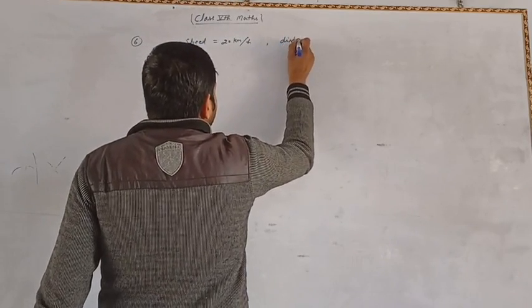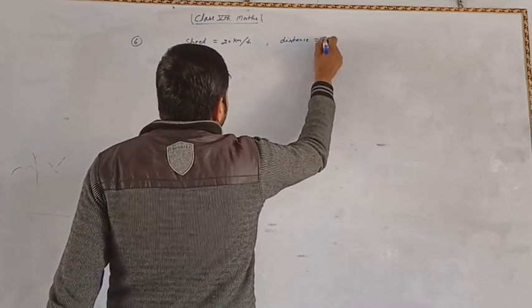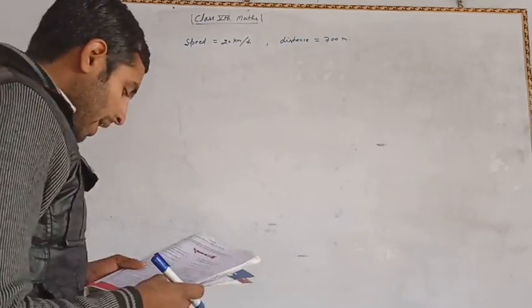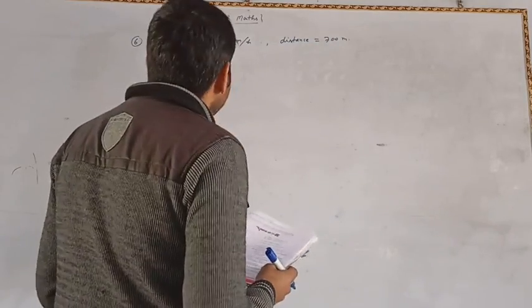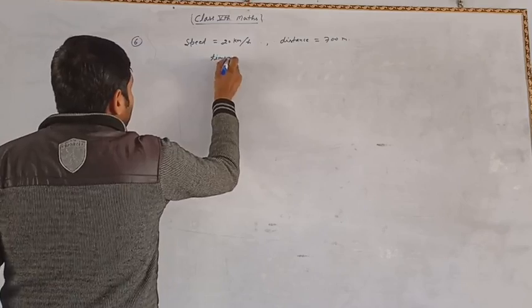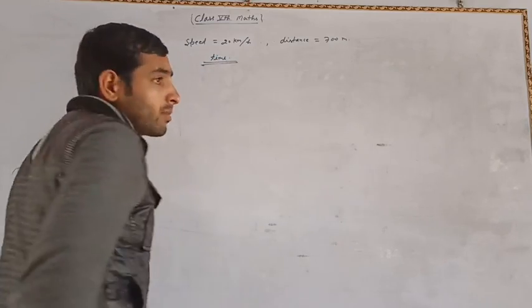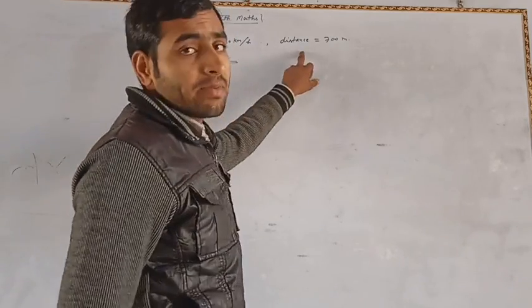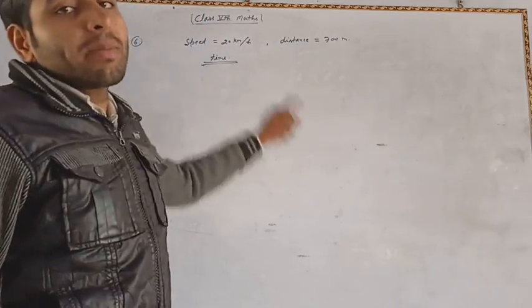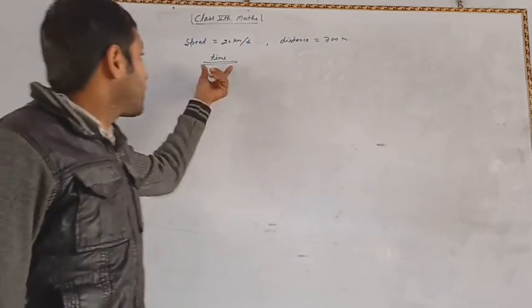Distance is given as 700 meter. So we have to find the time: what time will it take to cover the distance of 700 meter at 20 km per hour speed?